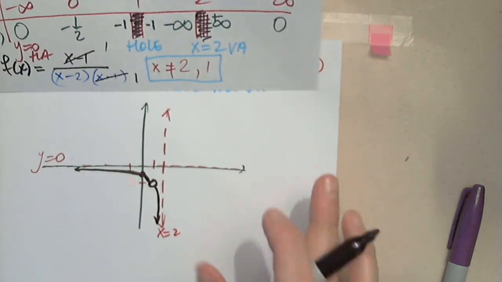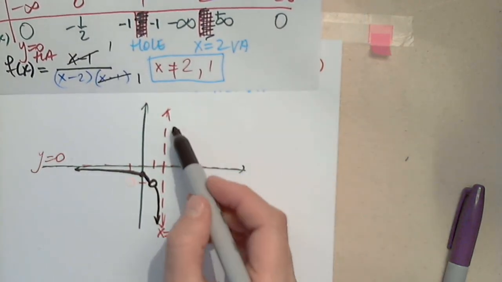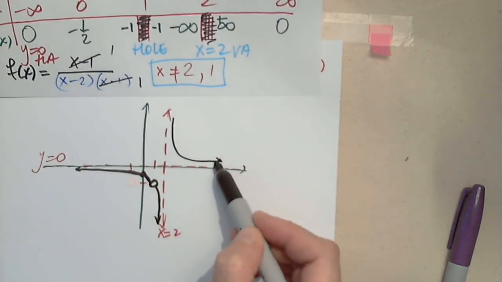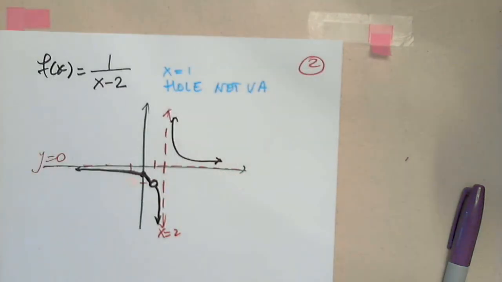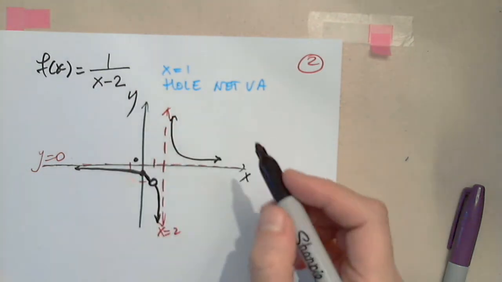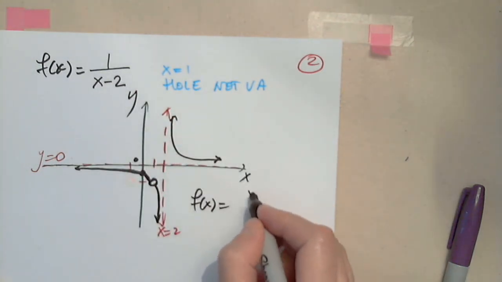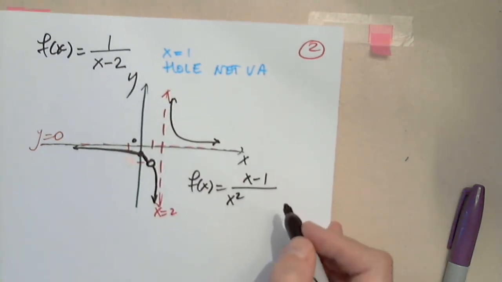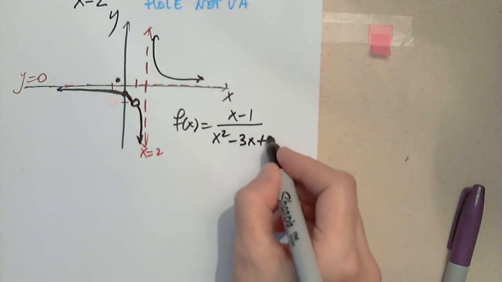On the other side, very easy, from infinity to 0. Can anyone give us the range of this function? So this is the function f of x, x minus 1 over x squared minus 3x plus 2.